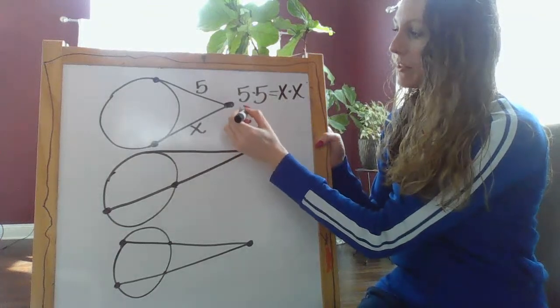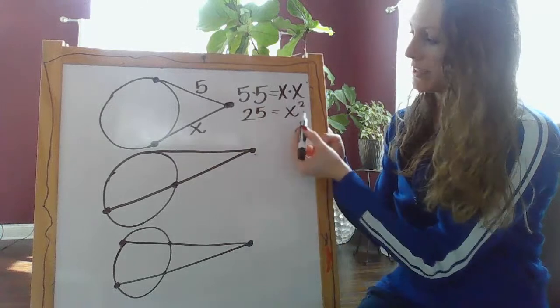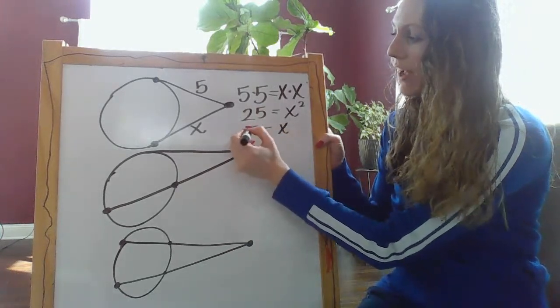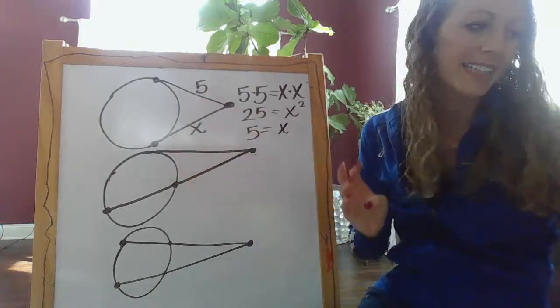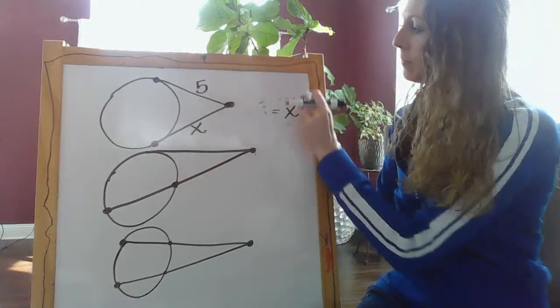Mr. Johnson went over this yesterday: x squared, when we take the square root of both sides to solve, turns out that x ends up just being 5 anyways. So we don't really need to use the whole rule there. We just know that those two are going to be congruent.